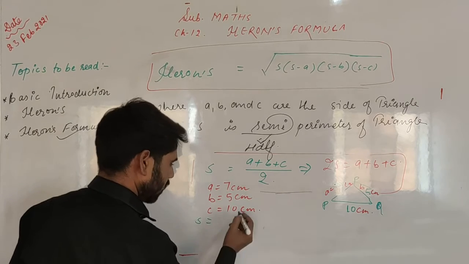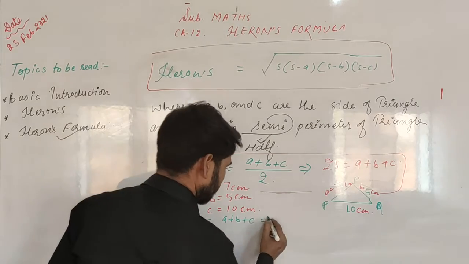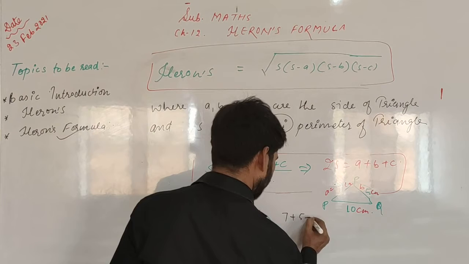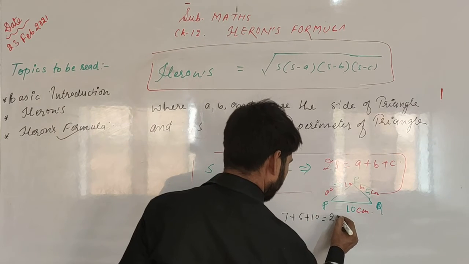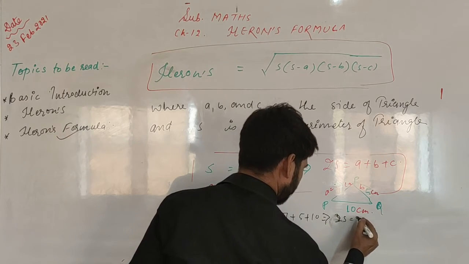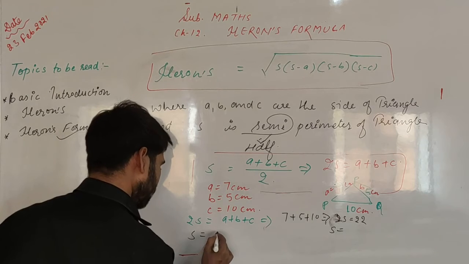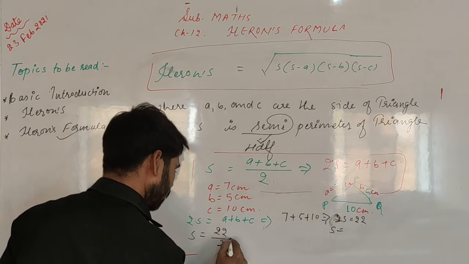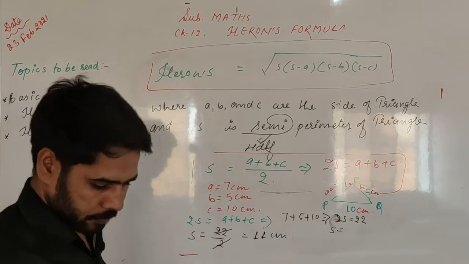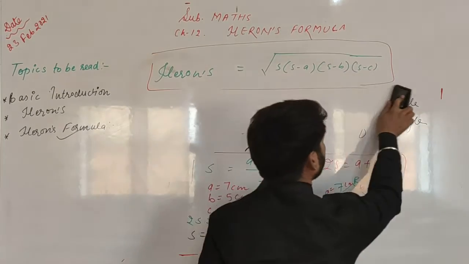Now, what is S? 2S is the sum of A plus B plus C. Put the values: 7 plus 5 plus 10 equals 22. 2S equals 22, or the value of S is 22 divided by 2, that is 11 centimeter.